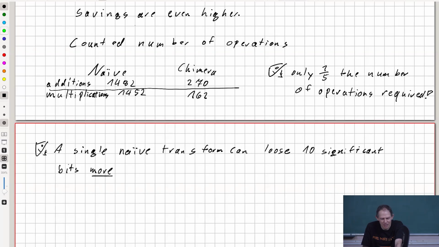Yeah, but one transformation can lose 10 significant bits more than the Chimera transform. In single precision, 10 bits is half of your precision, right? So one transformation kills half of the precision.